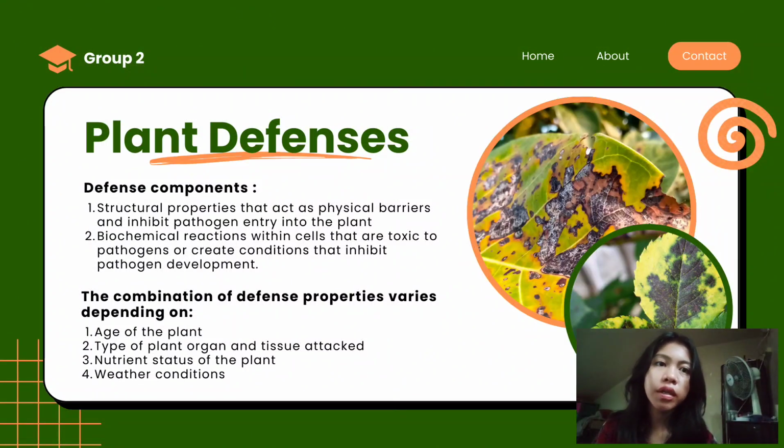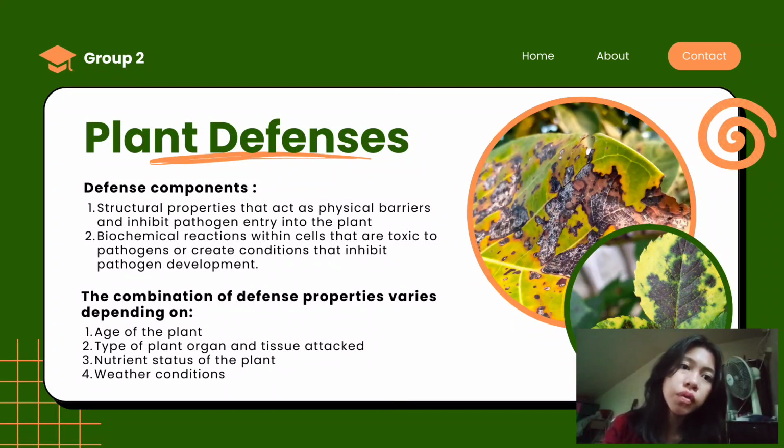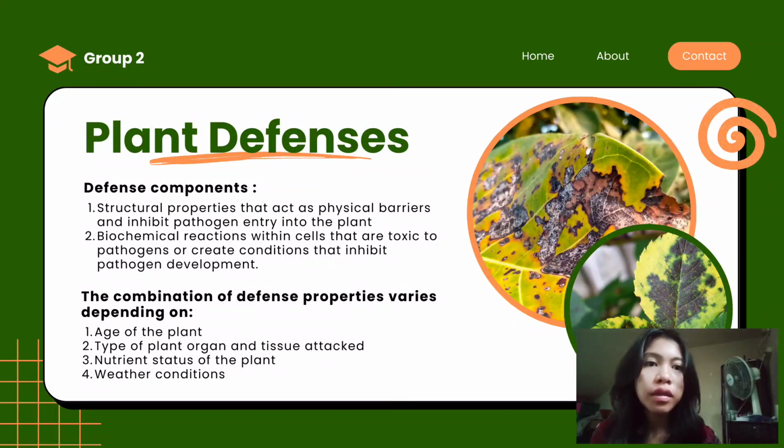The combination of defense properties is certainly different. The factors that influence it are: first, age of the plant; second, type of plant organ and tissue attacked; third, nutrient status of the plant; and fourth, weather condition.